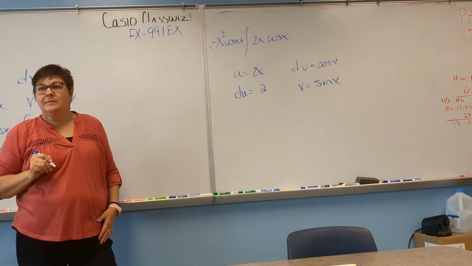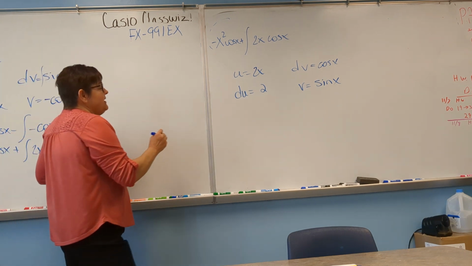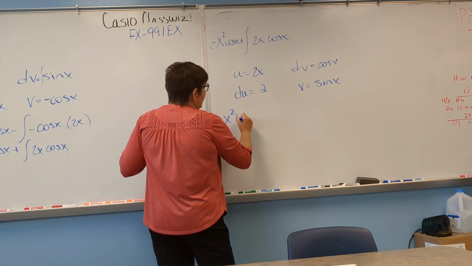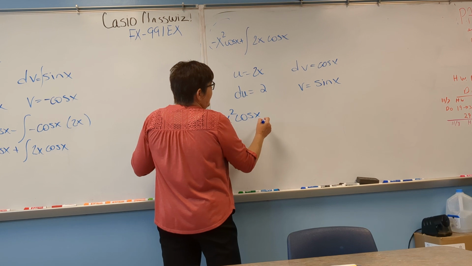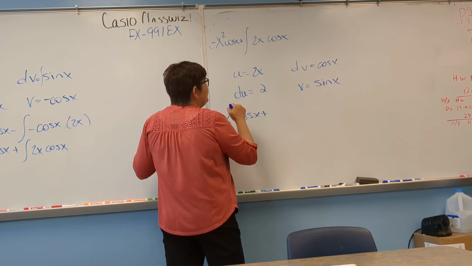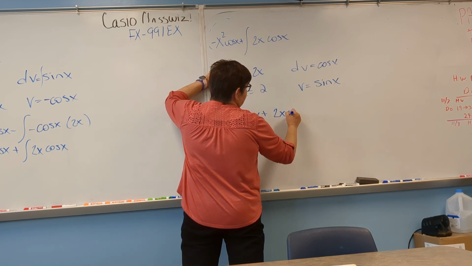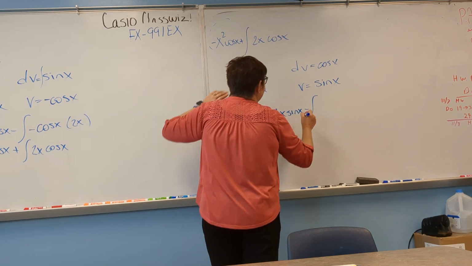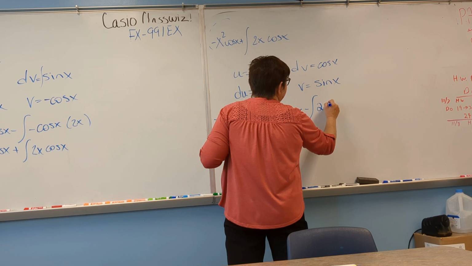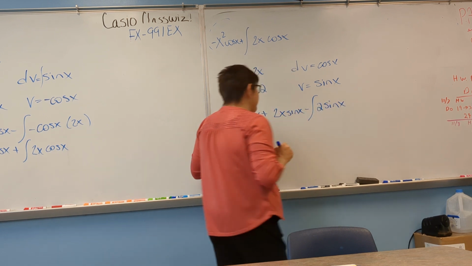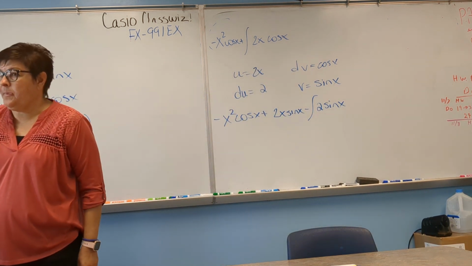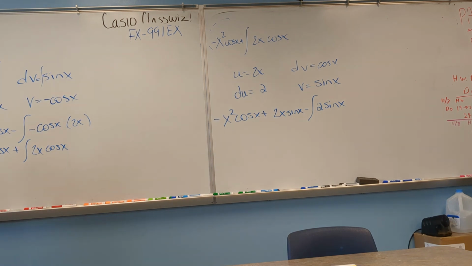All right, how do we feel? Okay, so I have negative x squared cosine of x, and then plus, and what do I do with this? Well, I'm just going to do uv minus the integral of v du. Can I integrate that?